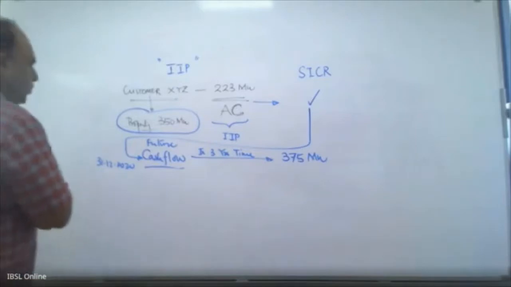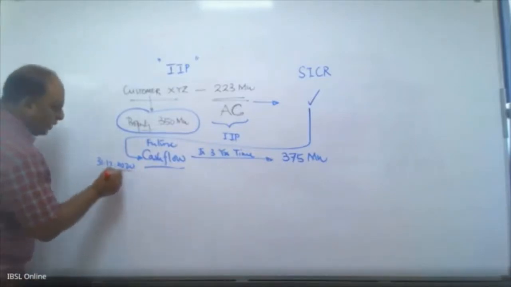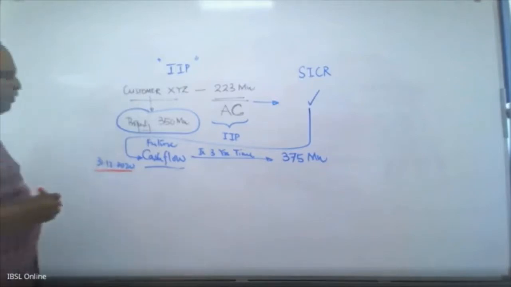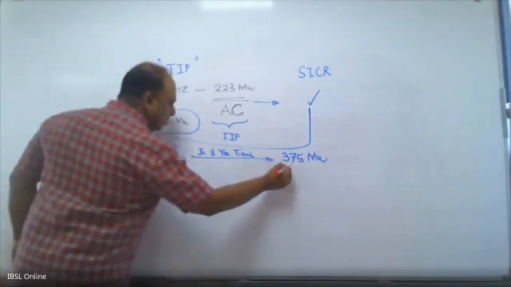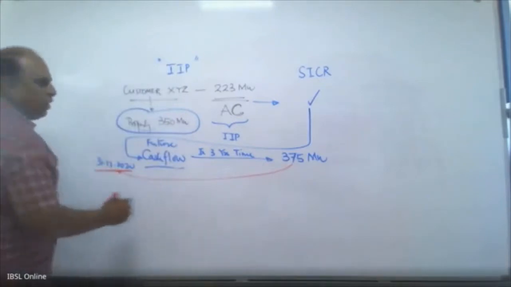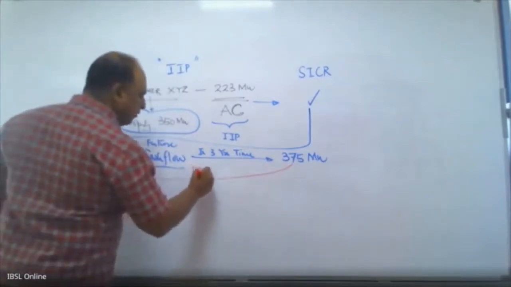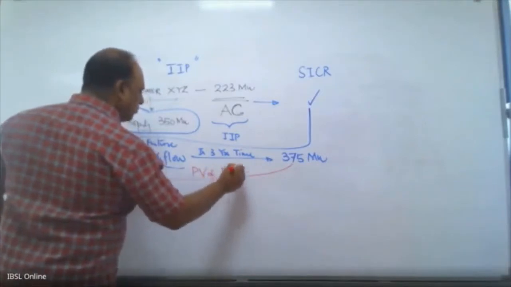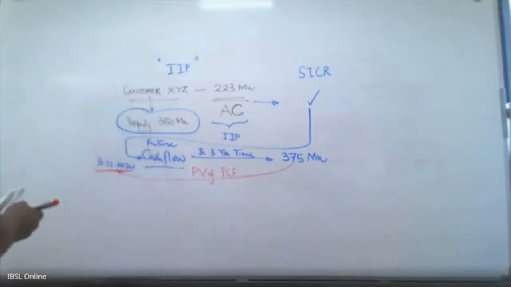Now you are doing the calculation here, being on 31st December. So you have to discount this to this. We call it the present value of future cash flow.